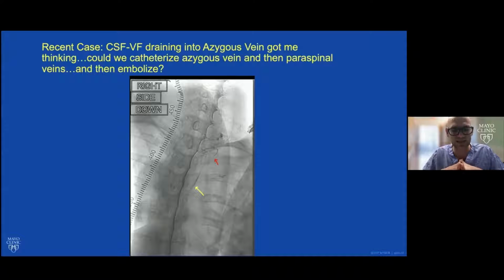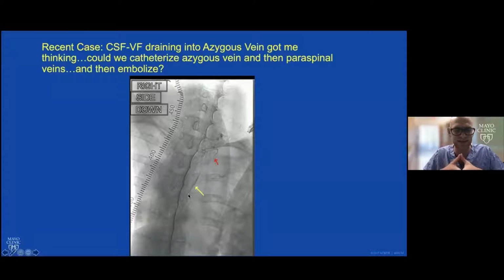We had one patient that I did this DSM on, and we saw this right T2 CSF venous fistula. You can see how complex all the veins in that neural foramen are, and then how it's going on to opacify this much larger vein, the superior intercostal vein, and then the azygous vein.